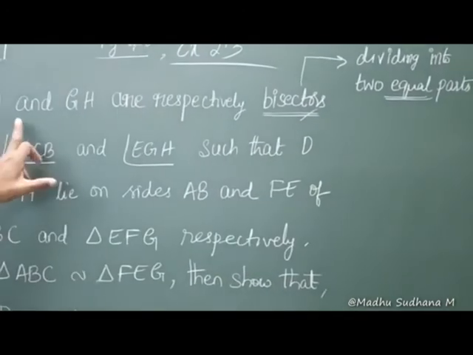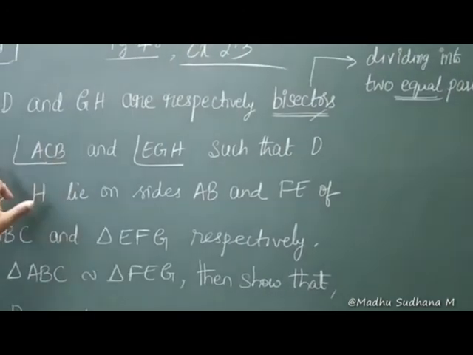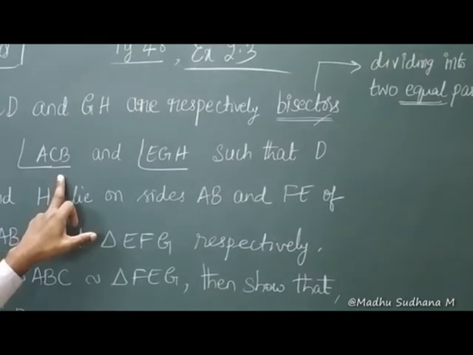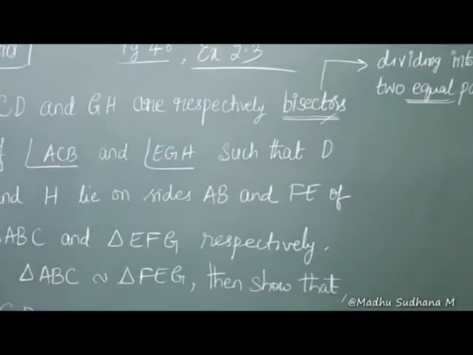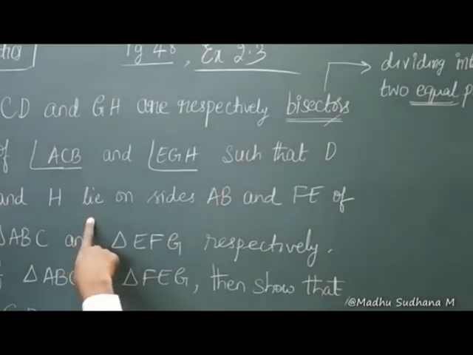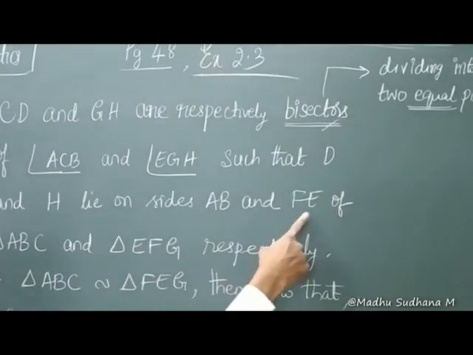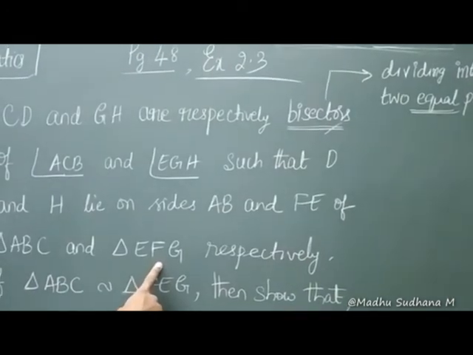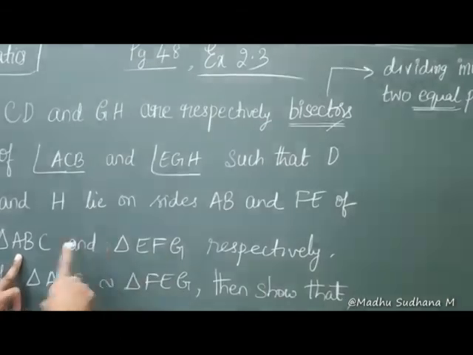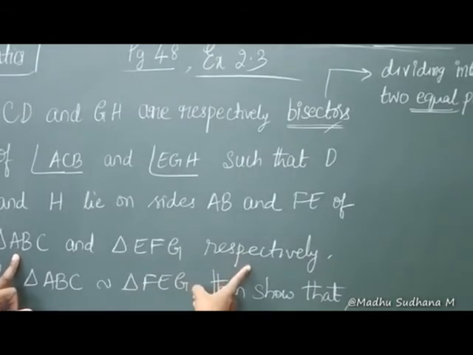So CD and GH are respectively bisectors of angle ACB and EGH such that D and H lie on the sides AB and FE of triangle ABC and EFG. So triangle ABC and EFG respectively.